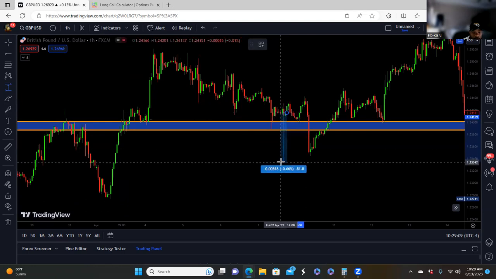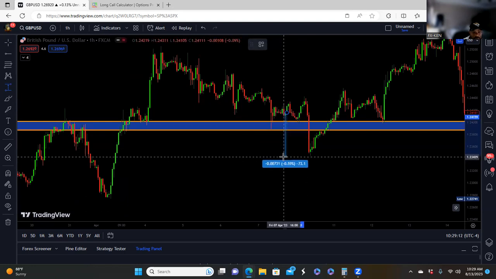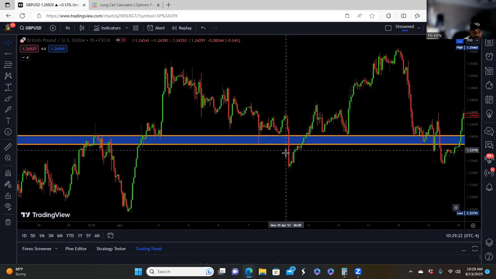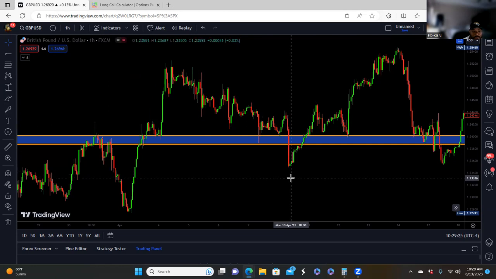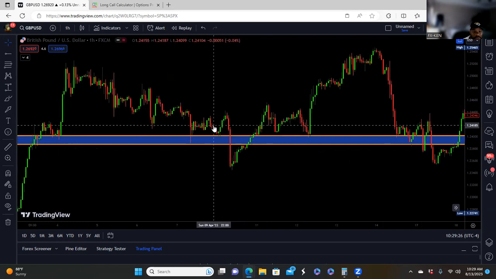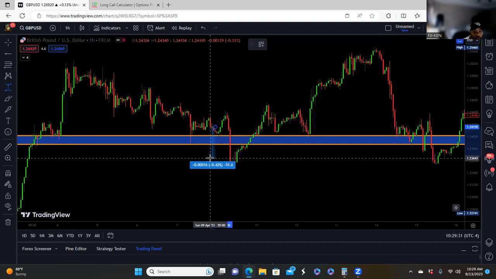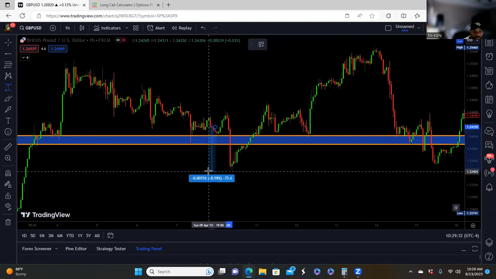Remember I was saying 75 pips for the stop loss, so put it up under and give yourself some breathing room. Just because it shot through here, this is why you got to give yourself time. If you would have put your stop loss too tight, that thing would have buried you.